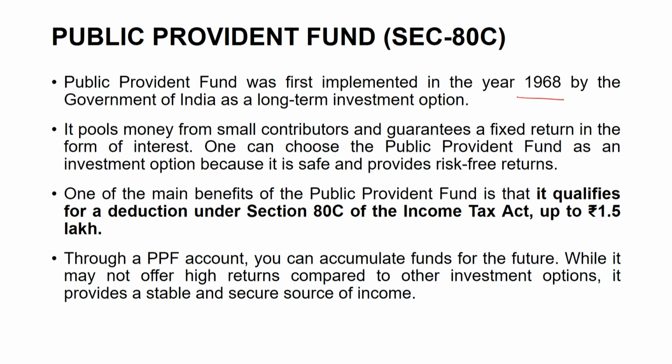This fund was first implemented in 1968, and it aims at pooling small amounts of money from different contributors, that means prospective investors who belong to the low income or middle income level of this society, and it guarantees them a fixed return by investing their money into the PPF account.